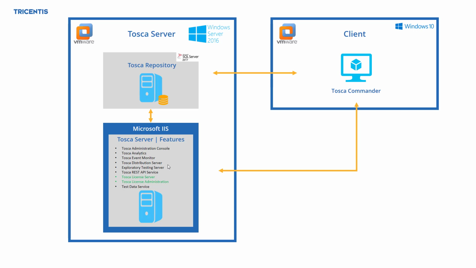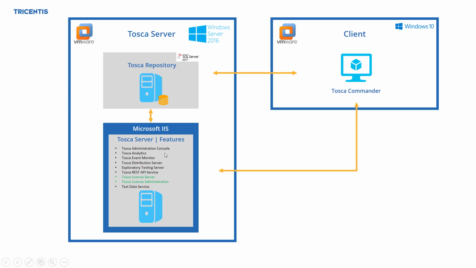So what we will have done is we will have installed the Tosca server, not with all features, as you can see here. We will only run through the installation of the Tosca license server and the Tosca license administration. As you can see here, a lot of other features are included.